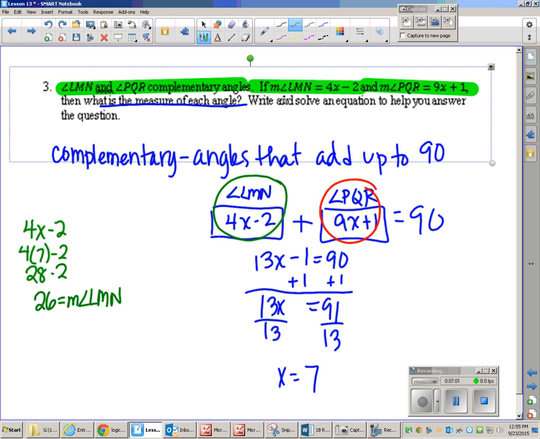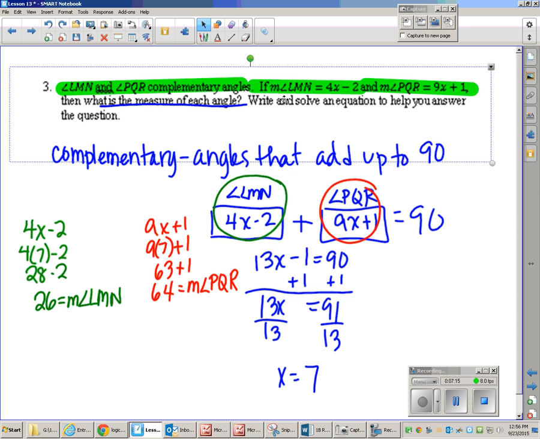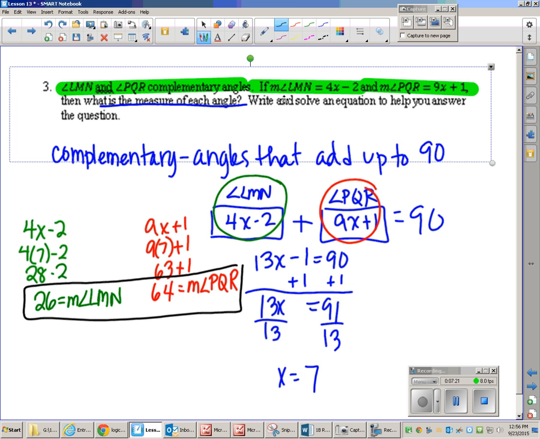This was angle PQR, 9x plus 1. So if I stick 7 in, because that's what I found out x was, 9 times 7 is 63, plus 1 is 64, and that's the measure of angle PQR. So hopefully you've got that all down in your notes, and you're ready to try some on your own with the practice worksheet.